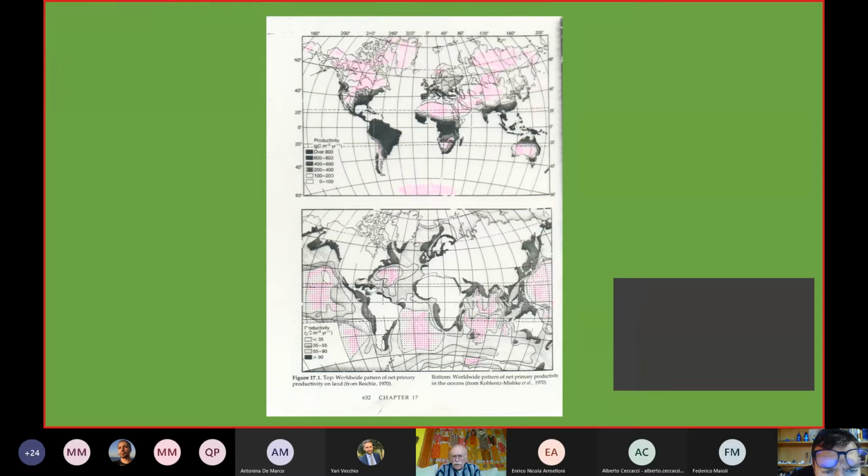At the bottom, you see it's parallel in the aquatic system, and what I marked in pink are the areas where there is very little photosynthesis. So photosynthesis on land is limited by water.